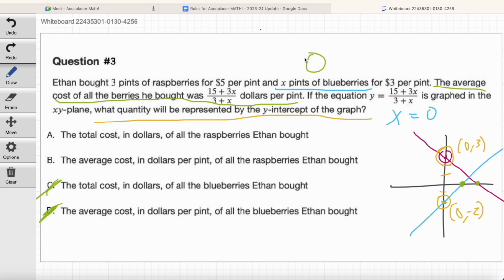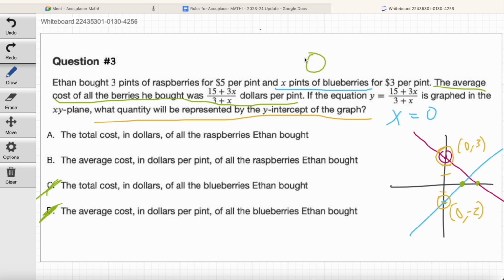Why A? It says for the 3 pints of raspberries for $5 per pint. Yeah, but look at the next sentence in the question that I've underlined in green, where it says the average cost of all the berries he bought was (15 + 3x) over (3 + x) dollars per pint.